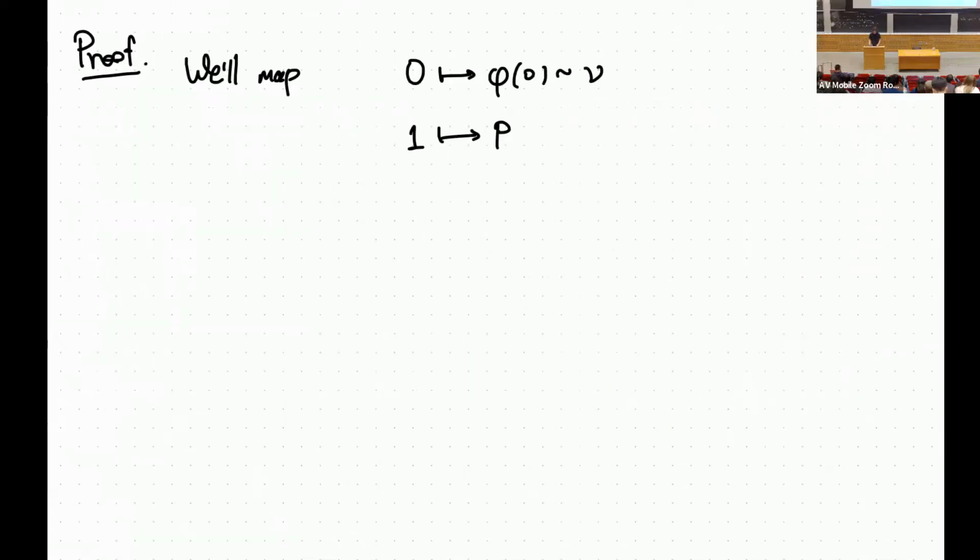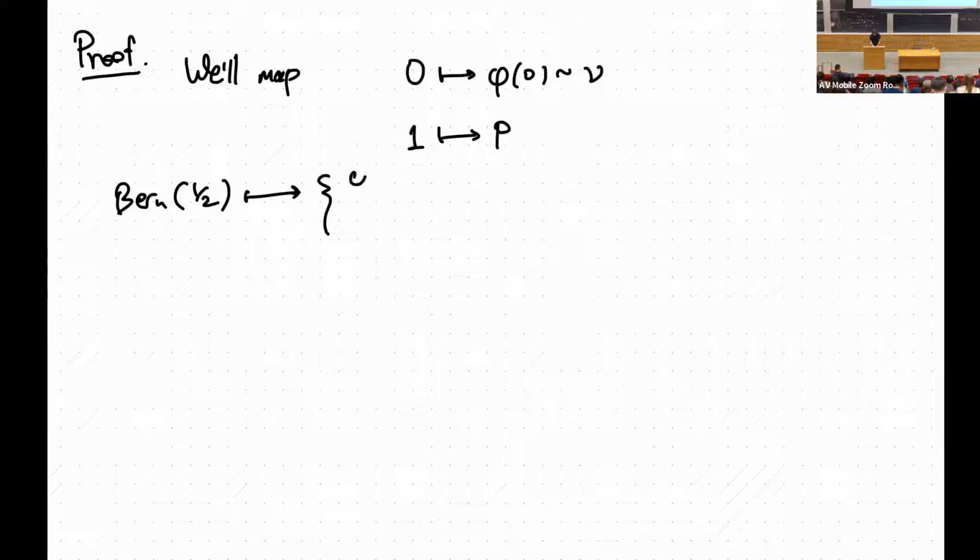If we see a 0, then we're going to sample from some other distribution, nu. So then the question is, well, what in the world should nu be? What's a good choice for nu? Well, we know that we would like to map Bernoulli half to Q. So what does Bernoulli half get mapped to?